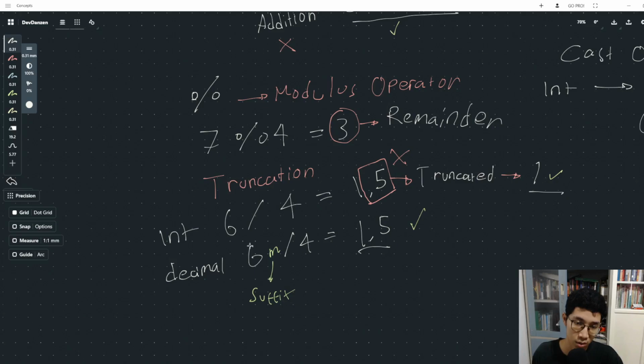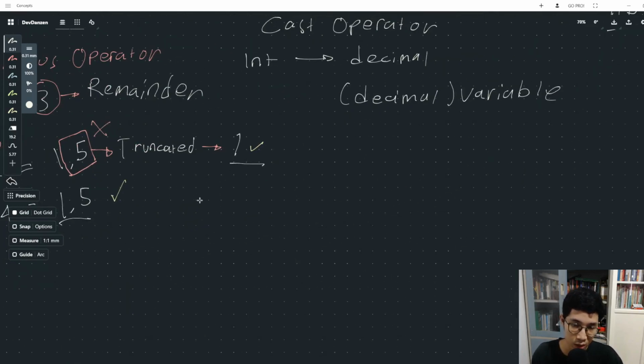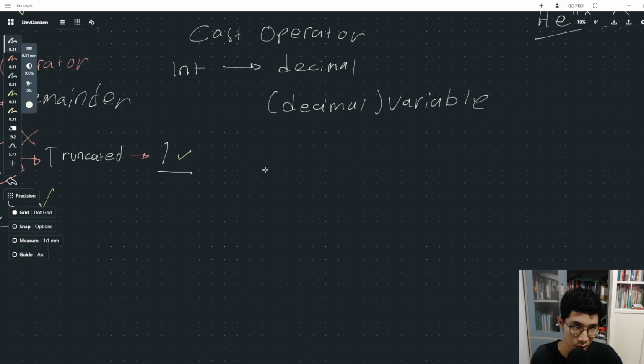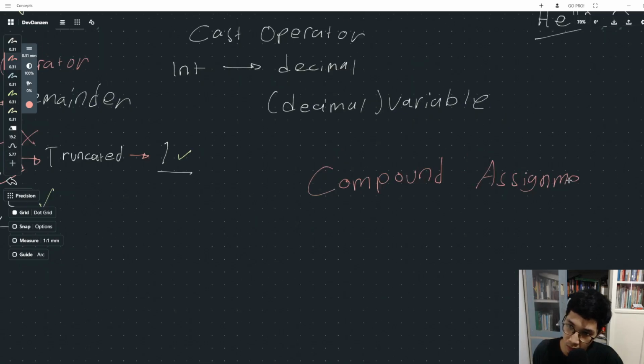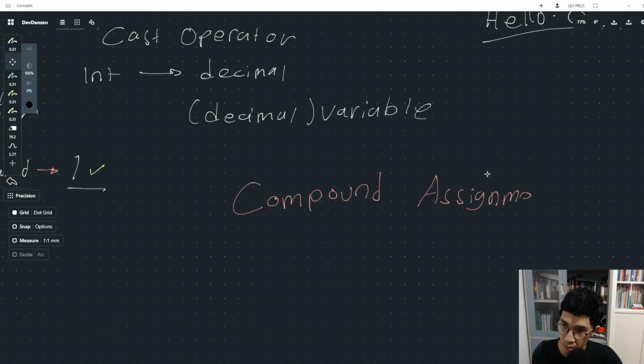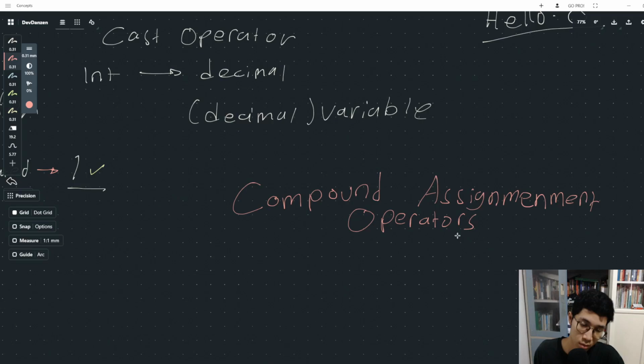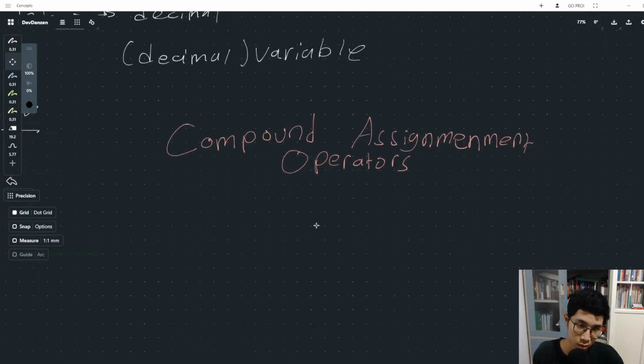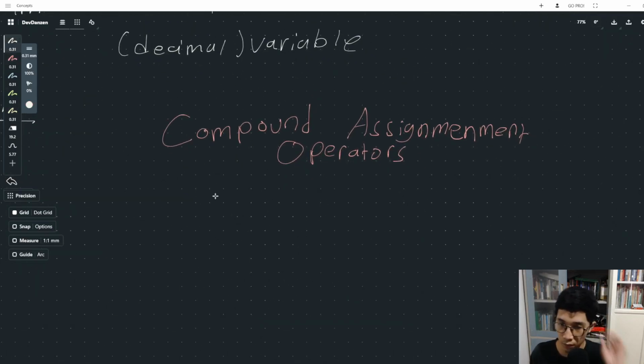Oh yeah, the compound assignment. The final thing is compound assignment. Compound assignment operators, which we have so many of.